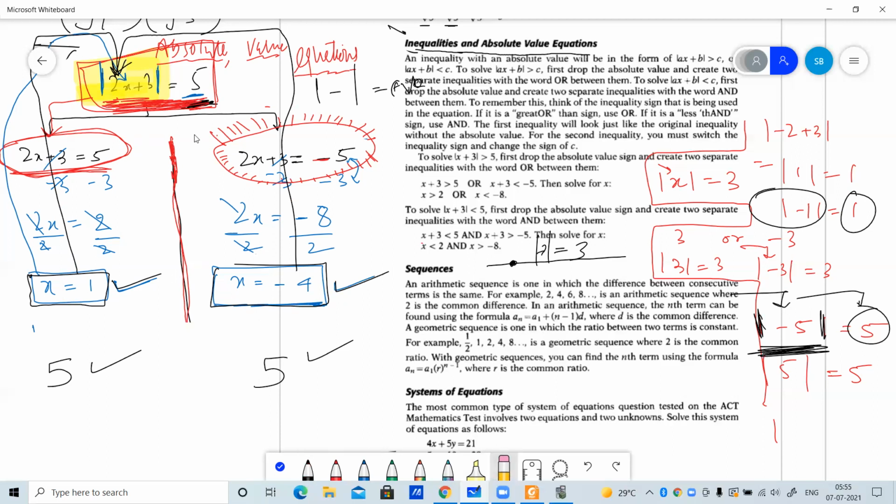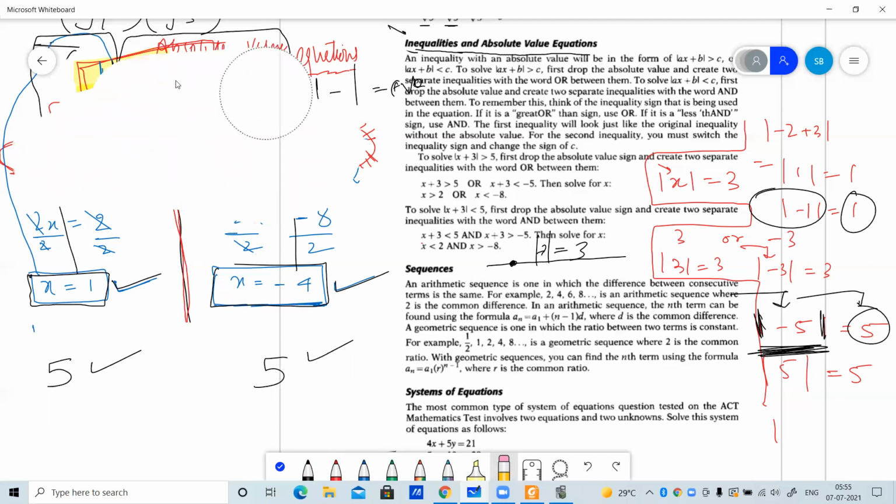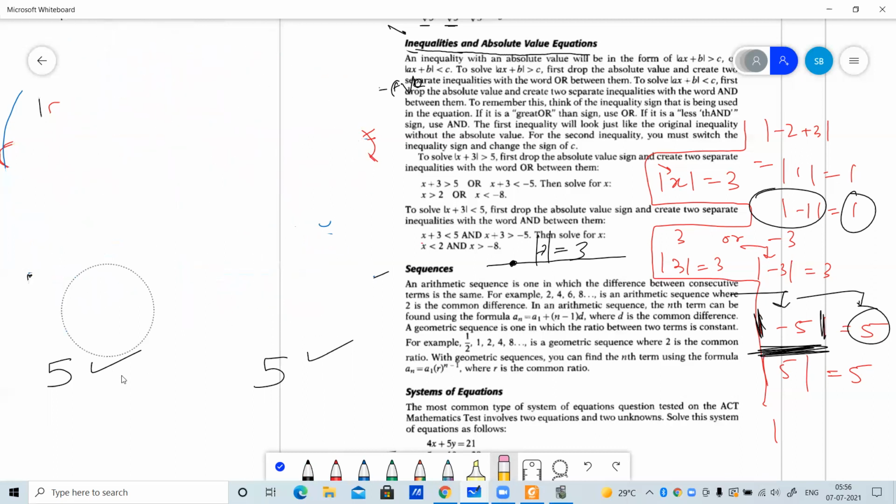Let us do one more example. It'll become a little more clear. I'll write the question.